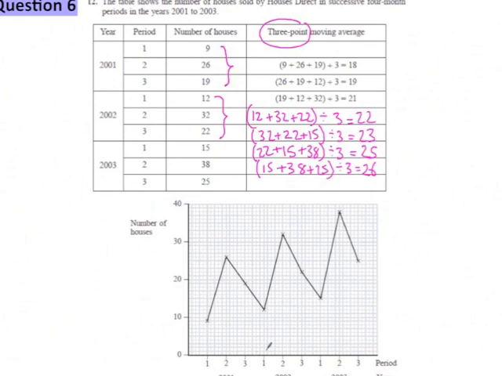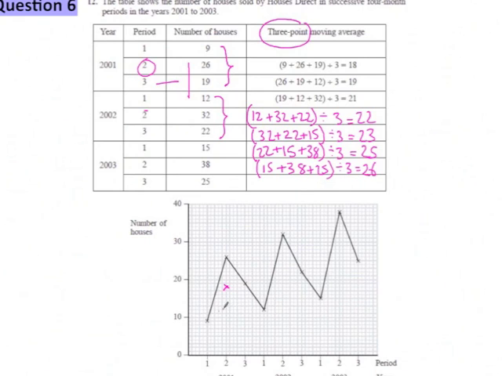Okay, so we need to make sure this is in the middle. We're looking at 3-point moving averages from 1 to 3, so the middle is going to be on the 2 here. So this is where we're going to start here, up to 18. So just here. Our next one will be from here, the middle being 3.